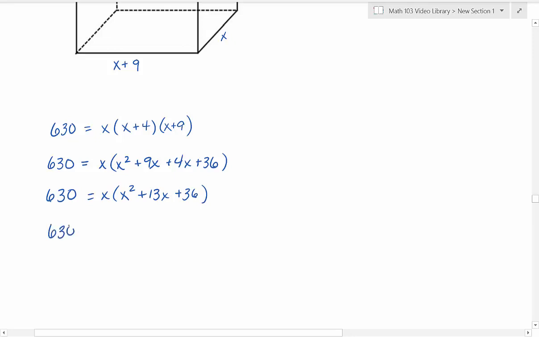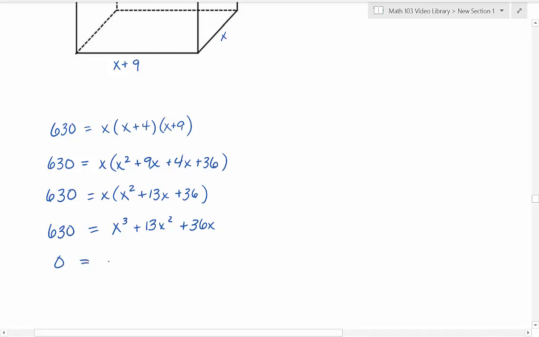Distributing again, 630 equals x to the third plus 13x squared plus 36x. This is a polynomial equation. To solve a polynomial equation, we want to set it equal to 0, factor it, and then set each factor equal to 0 and solve.